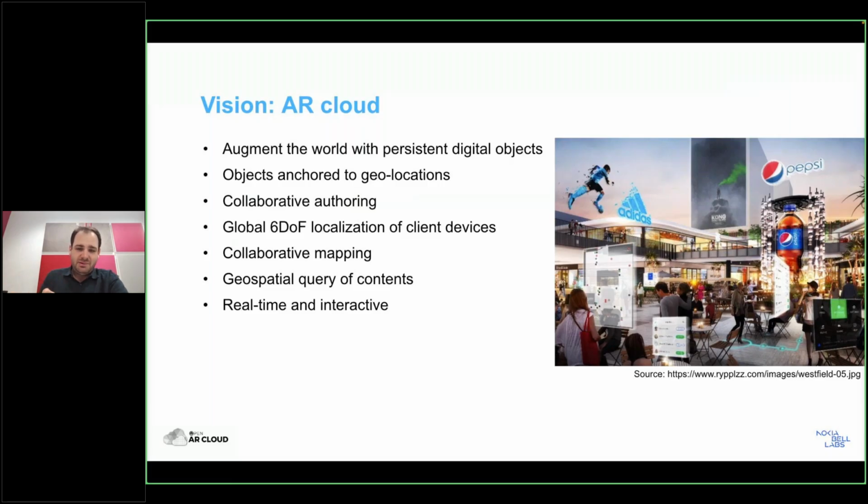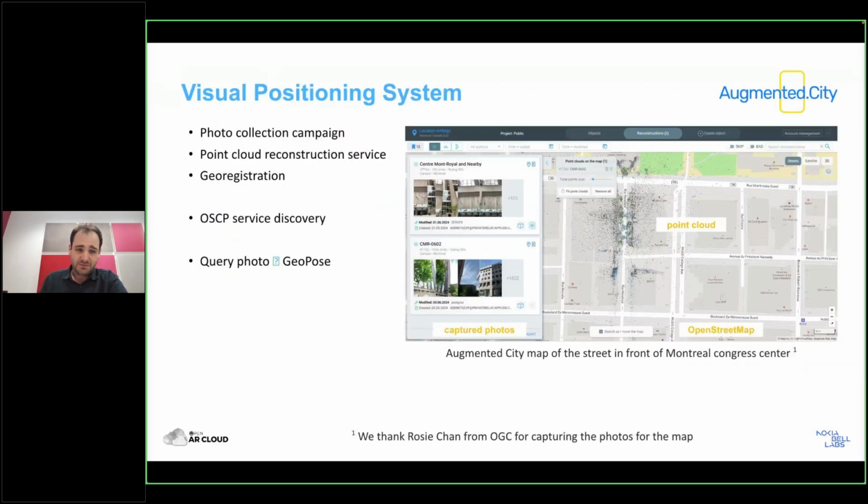And to make this happen, we need a very precise localization of the client devices. This is today only possible with visual localization, and making these visual localization maps is also a huge effort. So only very big companies like Google can afford it. But I think in the future, these maps will be collaboratively maintained through open protocols.